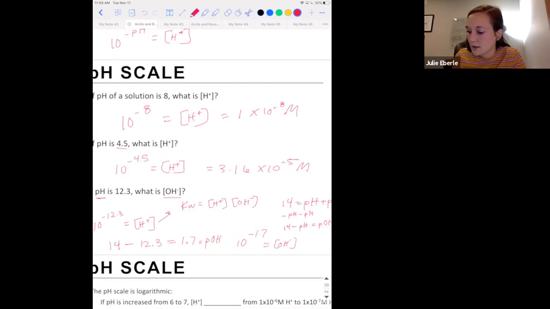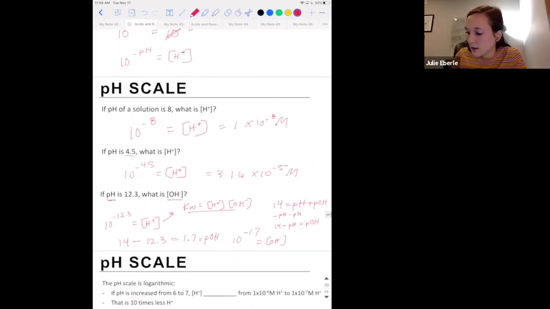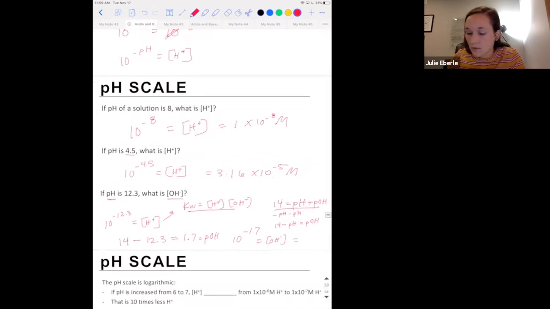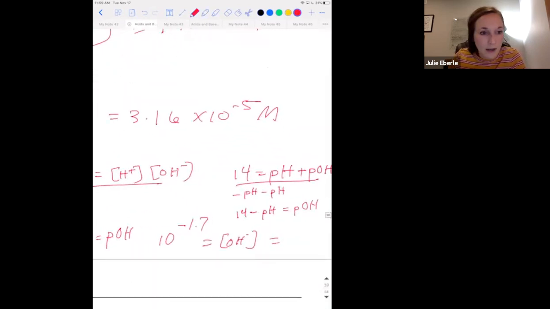So you can do it two ways. Remember, KW, or you can use this equation, 14 equals pH plus pOH. So the concentration of OH minus, either way you go about it, Jenna and Abby say they got 2.0 times 10 to the minus 2 molar.